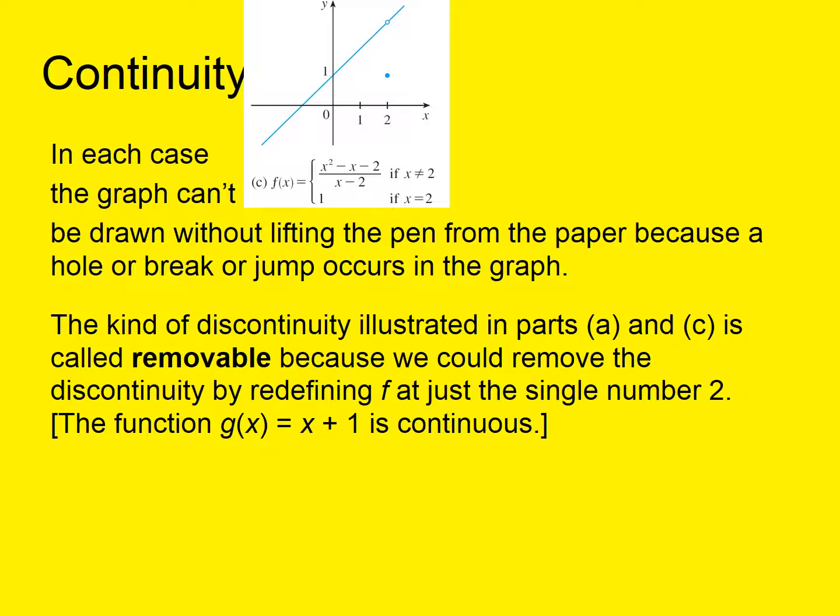If we just said let's change this to 3, that would put this point right back on the graph, and we would have a continuous graph, because we'd be able to draw it without lifting our pencil from the paper.